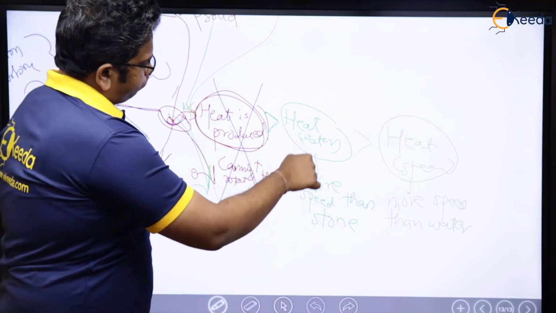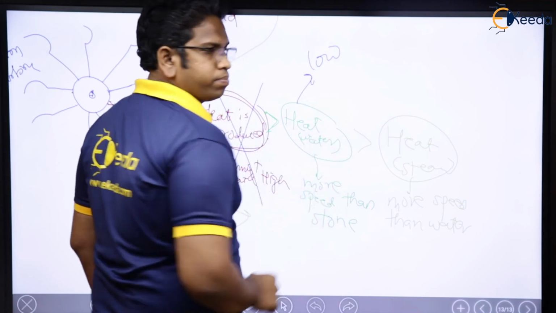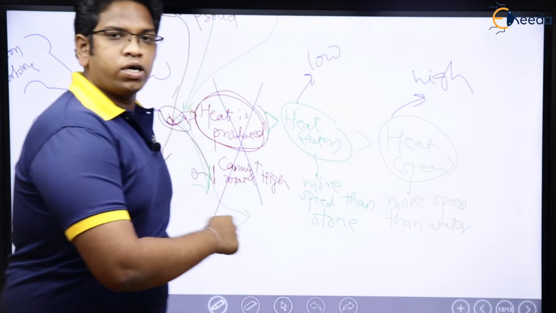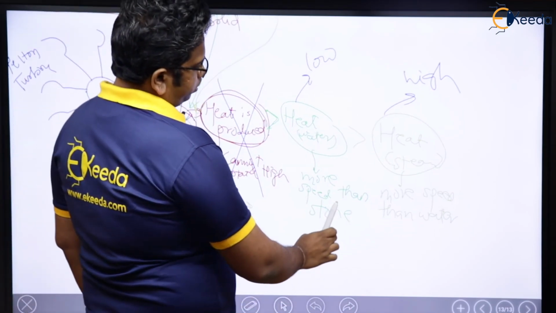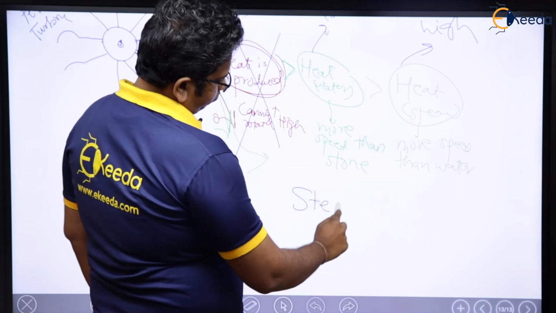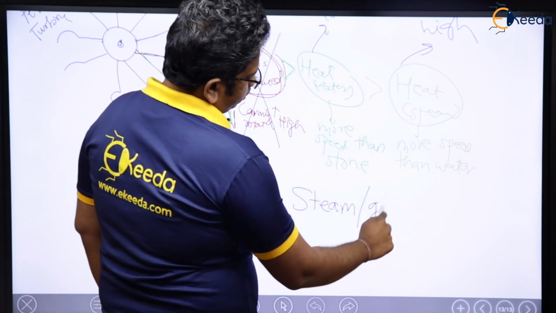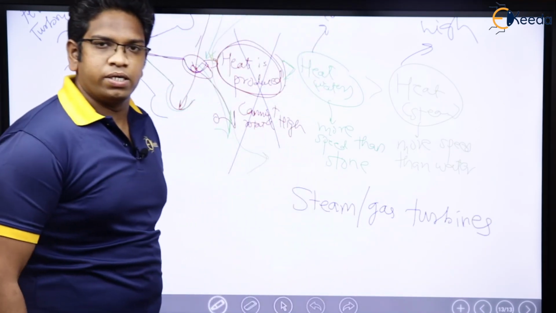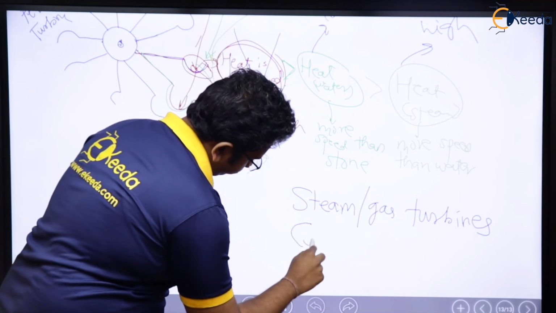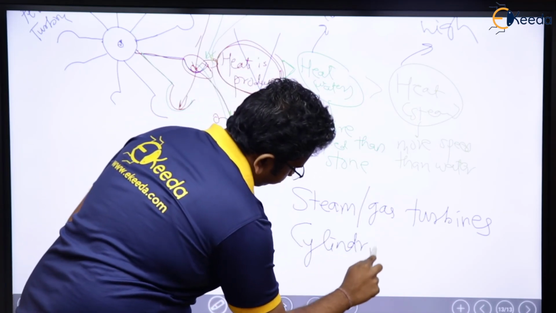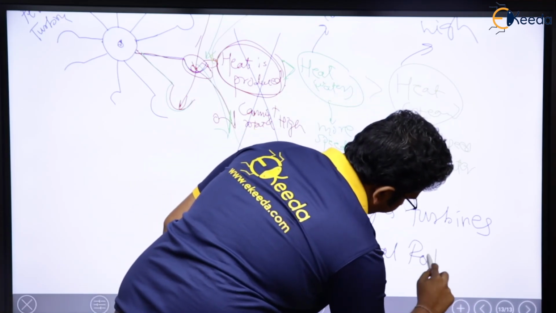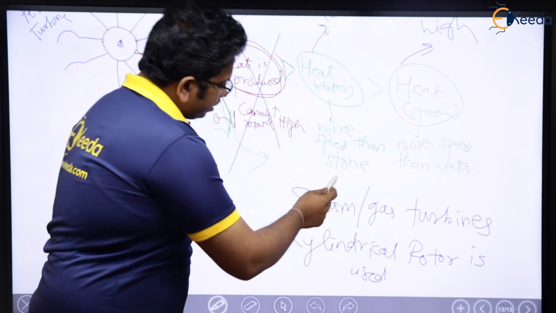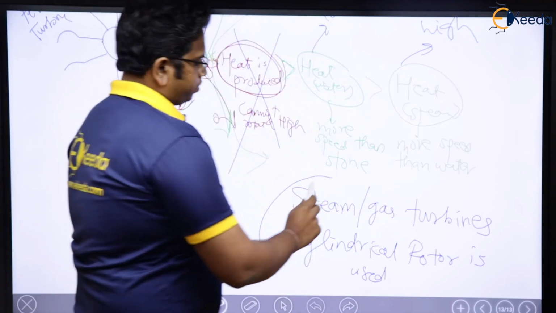So this one will rotate at low speeds as compared to steam, and this one will rotate at high speeds as compared to water, which means in case of steam or gas turbines, cylindrical rotor is used, because cylindrical rotor can rotate at higher speeds.